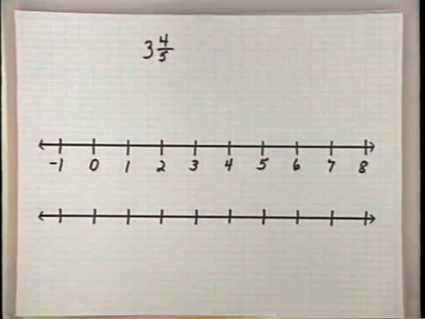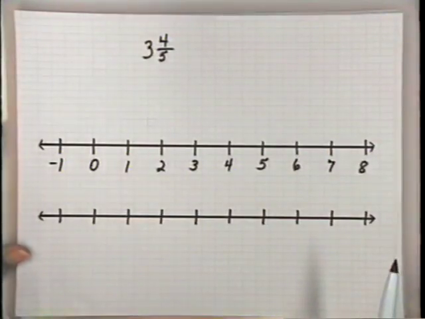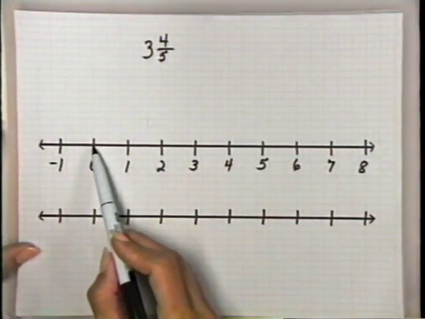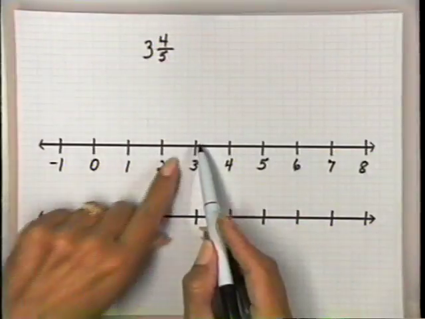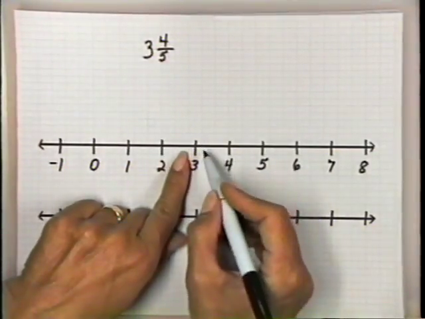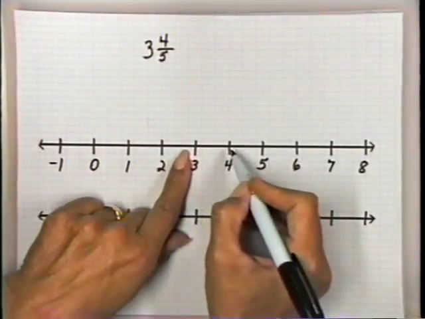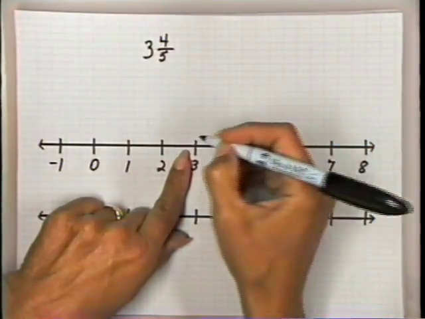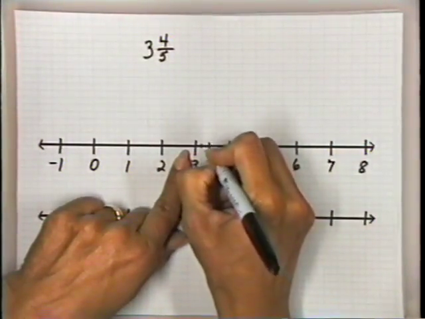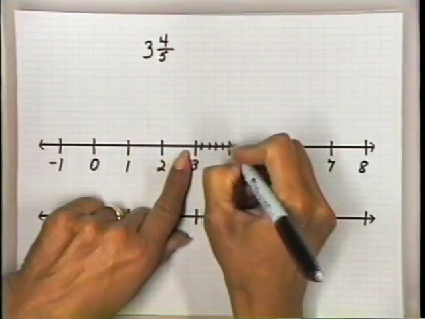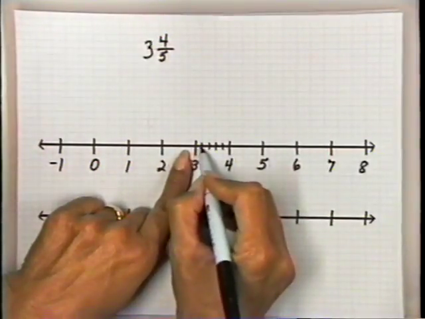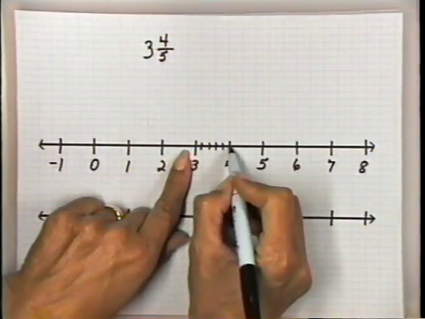If I want to place 3 4/5 on the number line, I go to the whole number 3, and then I imagine that I can divide from 3 to 4 into 5 equal units. And notice 1, 2, 3, 4, 5.